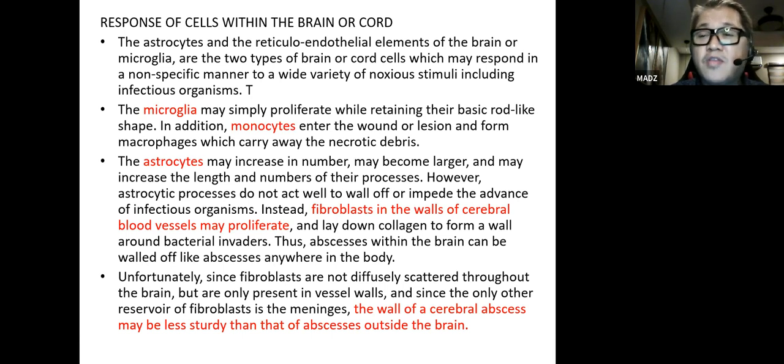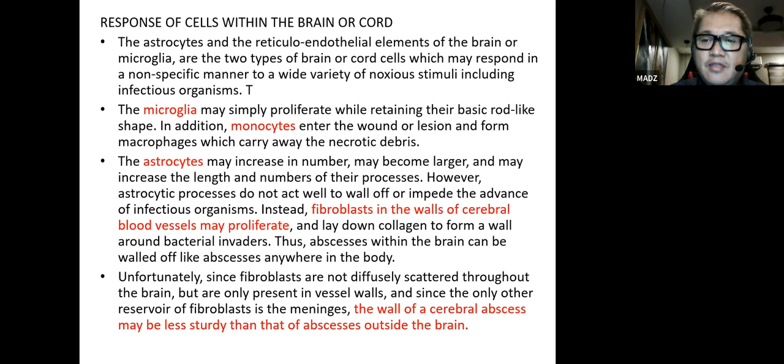If you can still remember, the astrocytes send foot processes that maintain the integrity of the blood-brain barrier, covering or protecting the tight junctions between the cells of the walls of the capillaries.